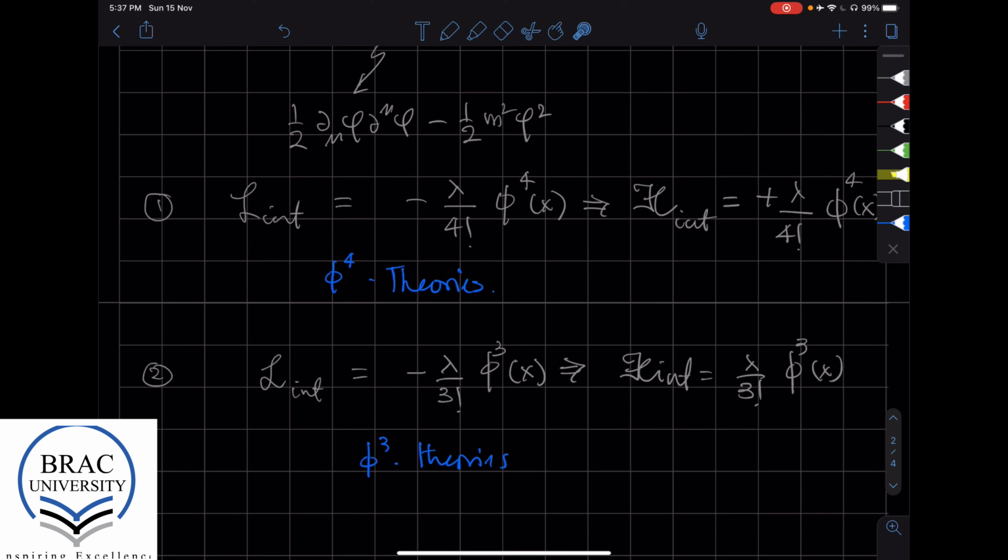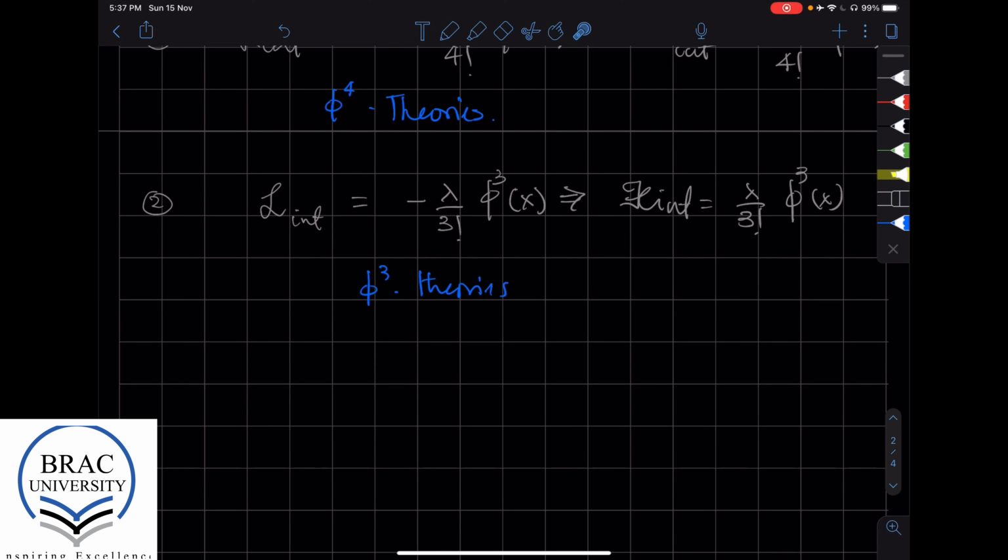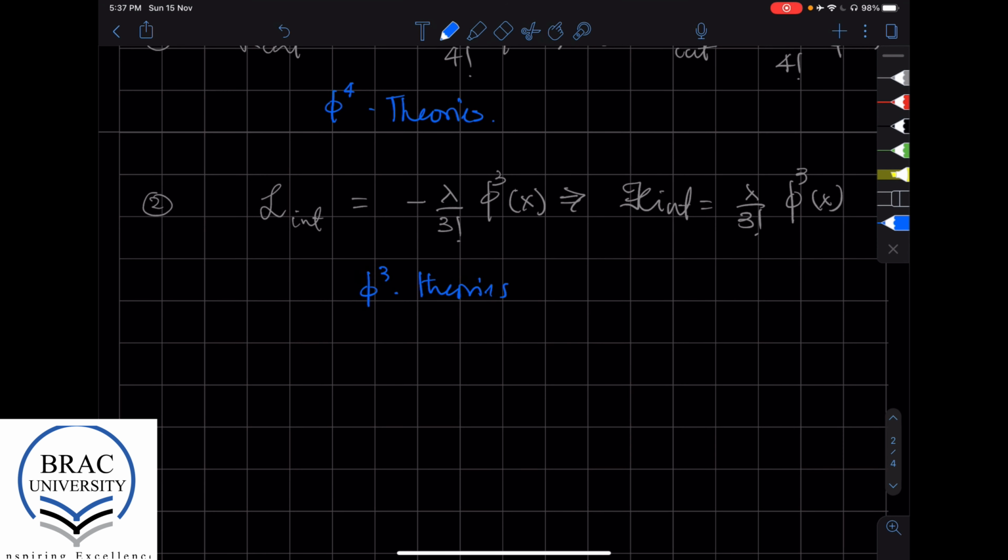So a phi cubed theory would be much easier to handle than the phi 4 theory, but the phi cubed theory, if you look at the Hamiltonian, the classical Hamiltonian, you will see that it's not a bounded Hamiltonian.